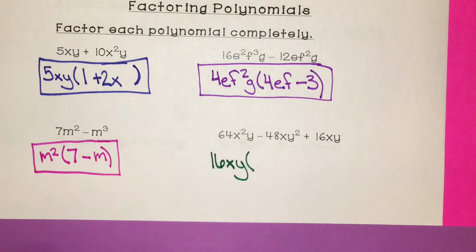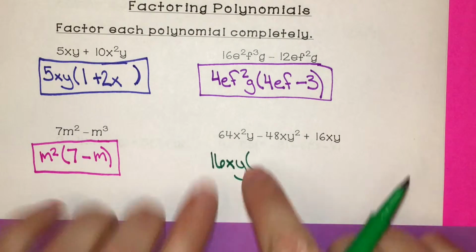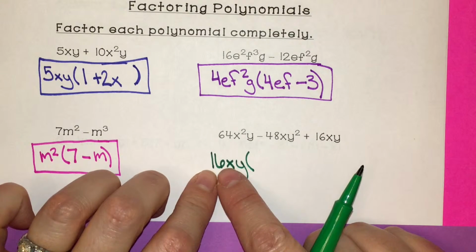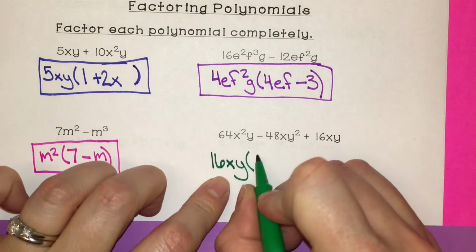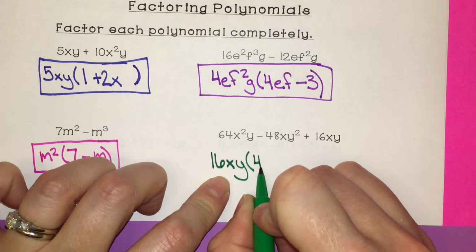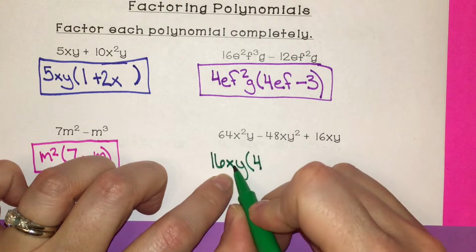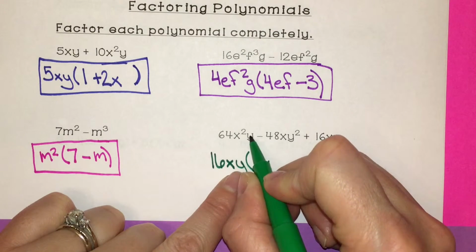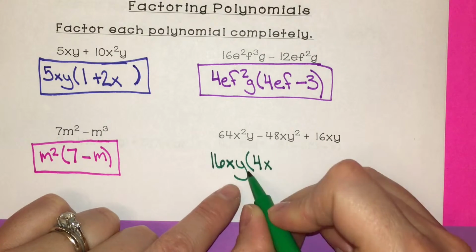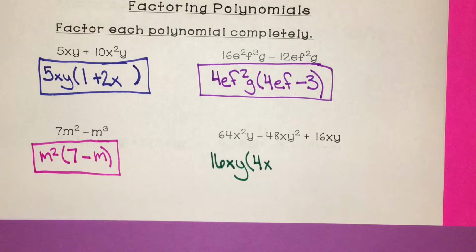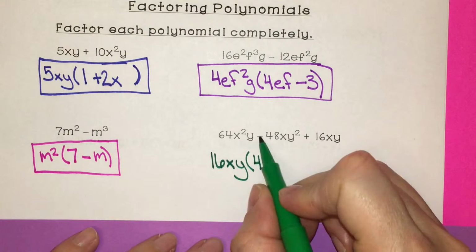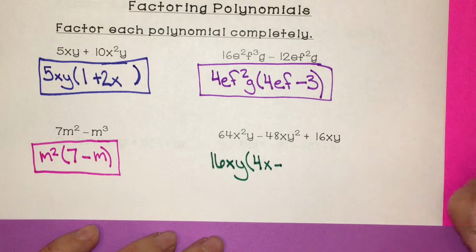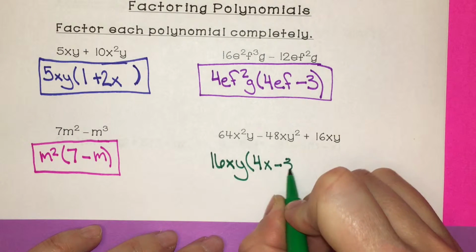All right, so we start by dividing the numbers by 16. 64 divided by 16 is 4. X squared divided by x is x, and y squared divided by y would be y, but since the y was factored out, we don't have a y there. Now bring down that minus. 48 divided by 16 is 3.